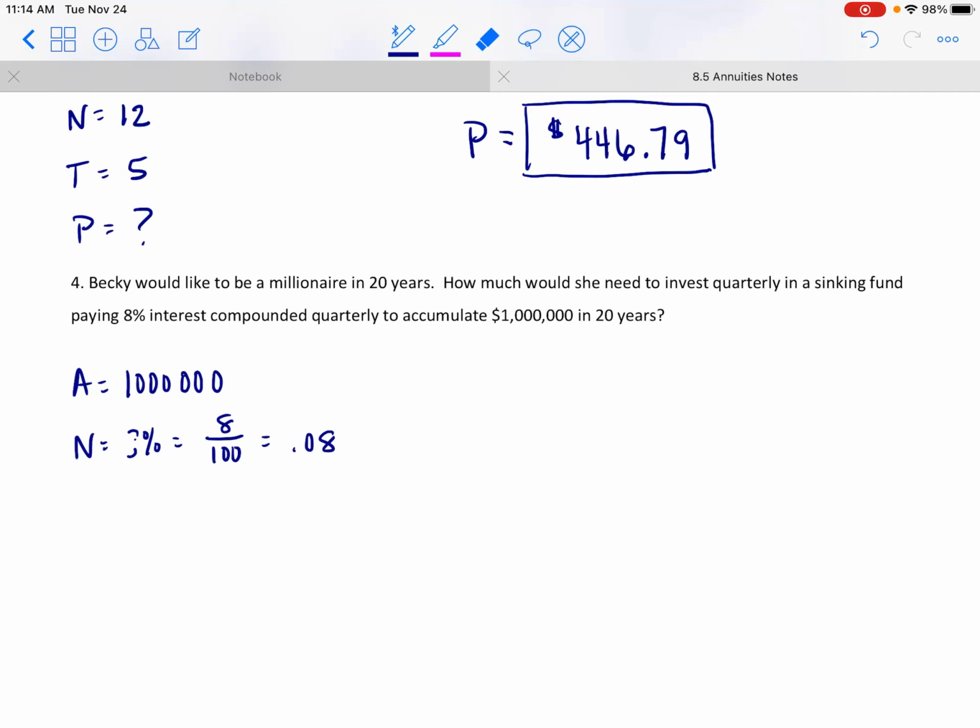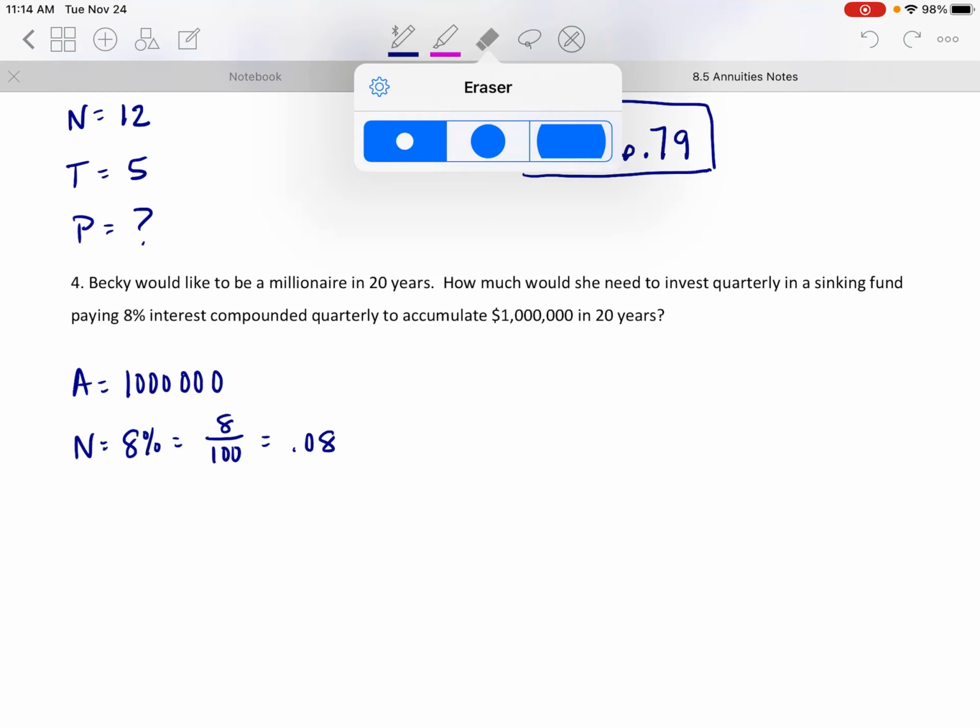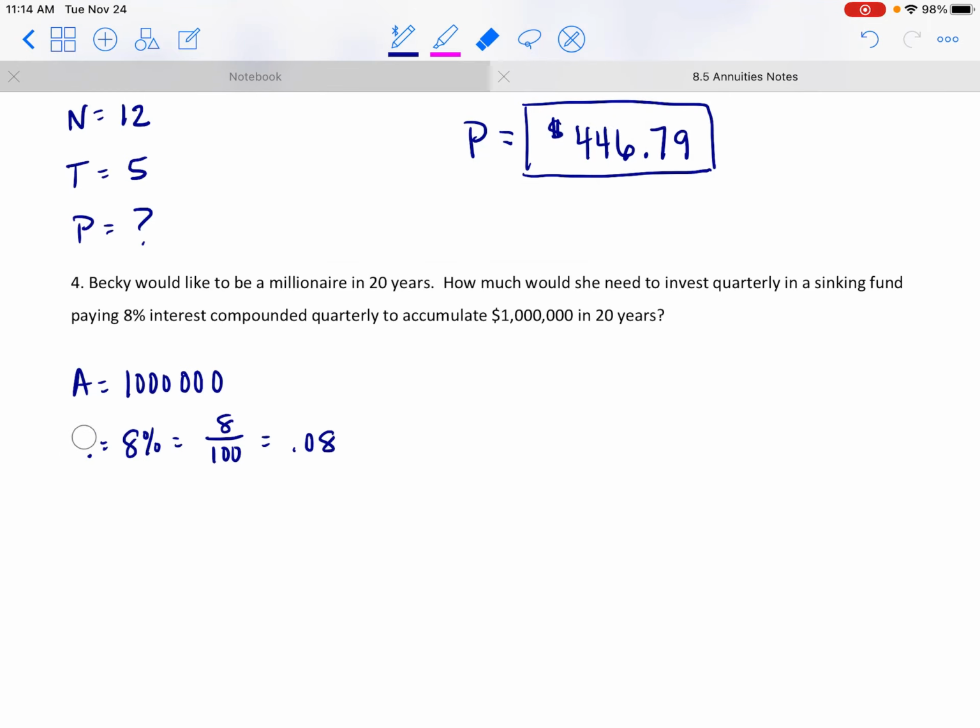Sorry guys, why did I put N there? This is R. N would be quarterly, that's 4, and time is 20 years. That's a much better term. What is the payment amount that Becky's going to have to make in order to reach her $1 million goal in 20 years?